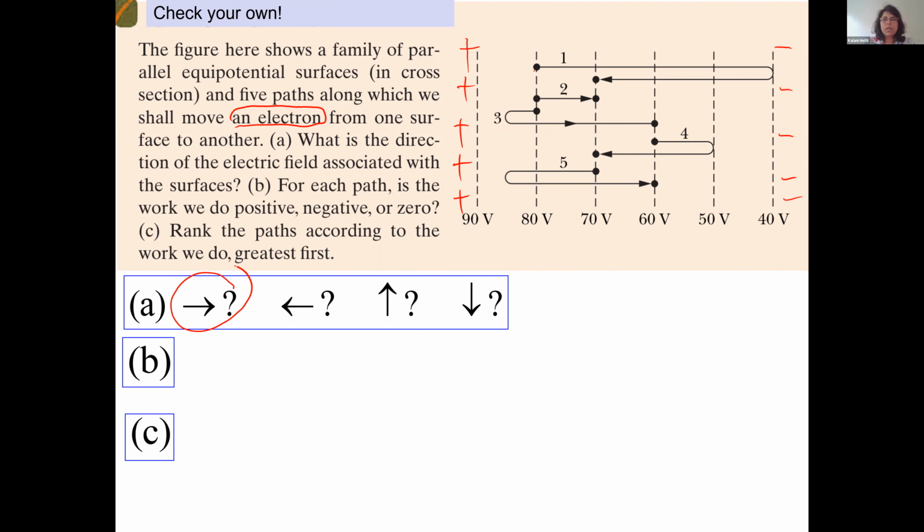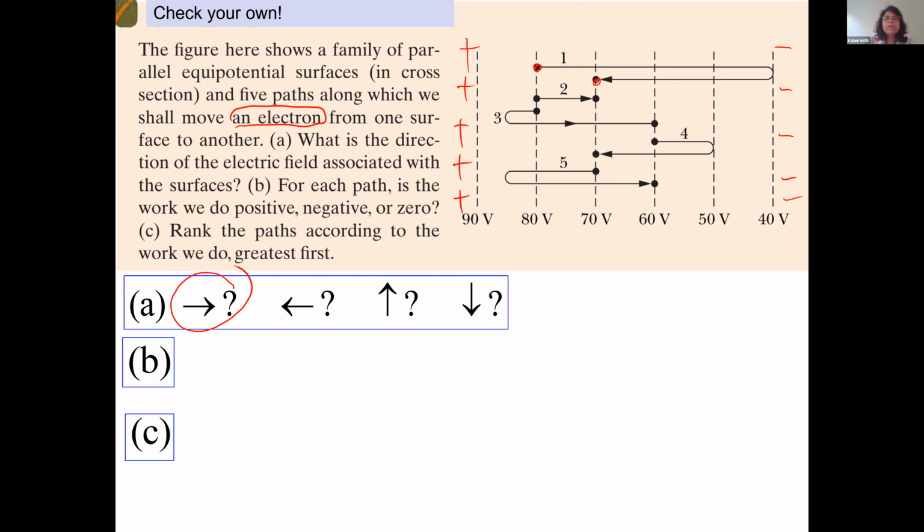You're going to start at 80 volts and end at 70 volts. Your voltage difference is 10, and your work done will be the potential difference times the charge. The final potential is 70, the initial is 80, so 70 minus 80, multiplied by the negative charge. That will give you the work done.